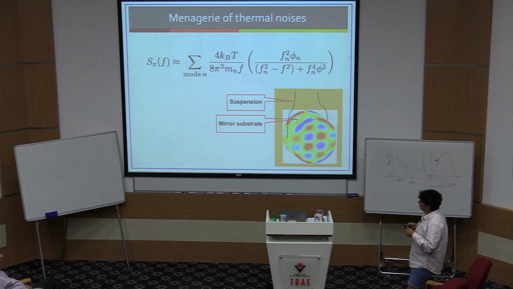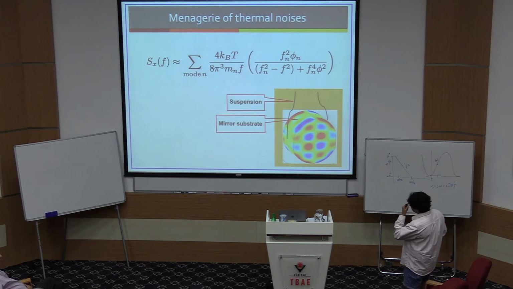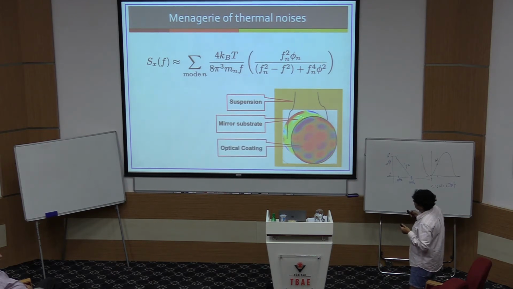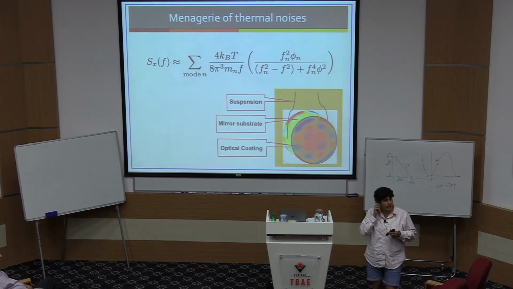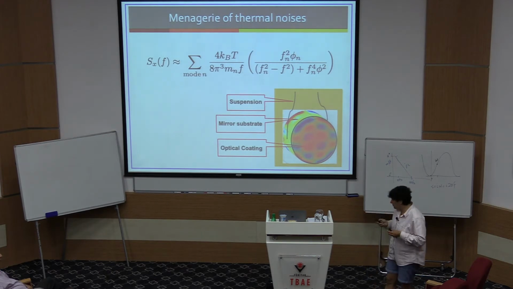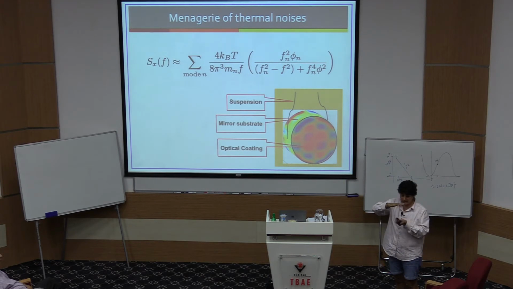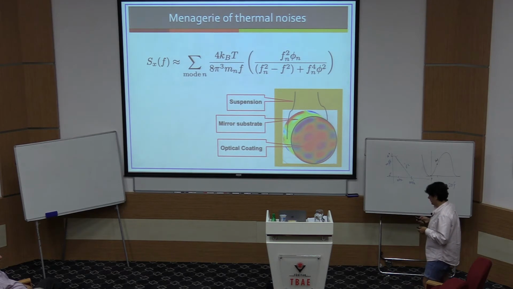And then finally, and the one that bothers us the most in advanced LIGO is this optical coating. Remember I told you the glass only reflects 4%? And so to make it reflect highly, we put layers of silica and tantalum, multi-layered coatings. And the stresses between those layers is a dissipation point. Okay, so that's an issue.